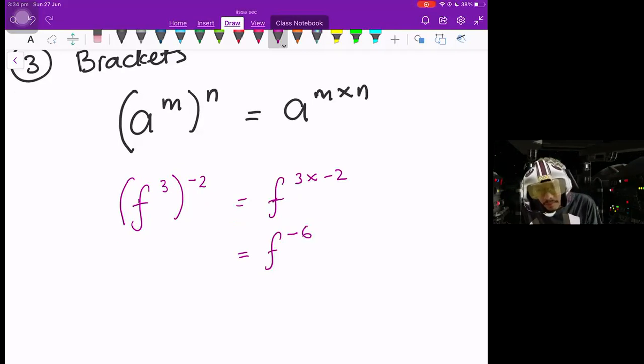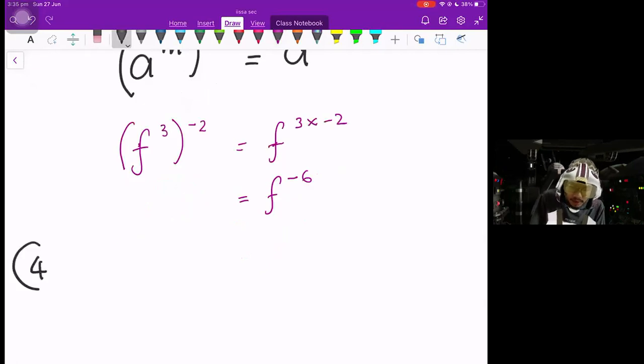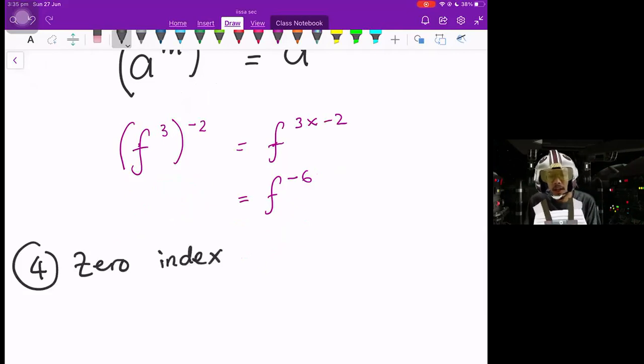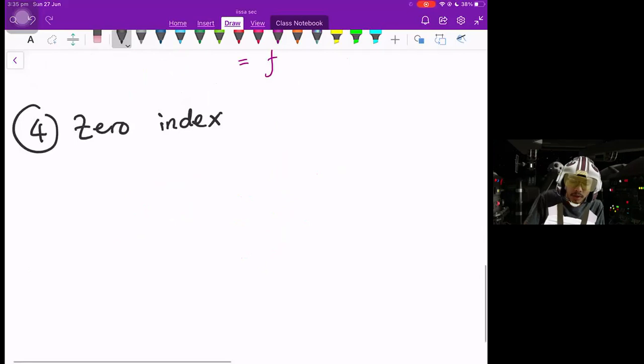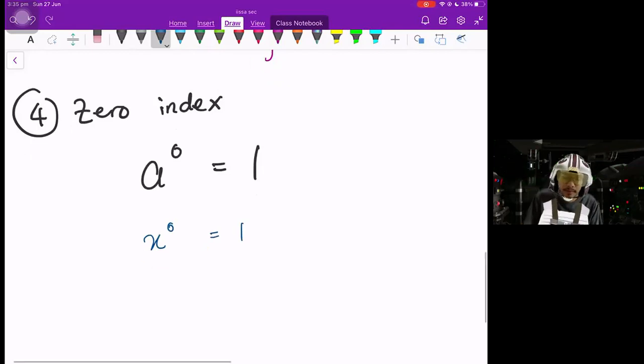Isn't that easy? Number 4, we have the zero index. What this means is if you have a to the 0, this must always equal 1. Say if you have x to the 0, this is 1. Doesn't matter what unknown we have, anything to the power of 0 is 1.